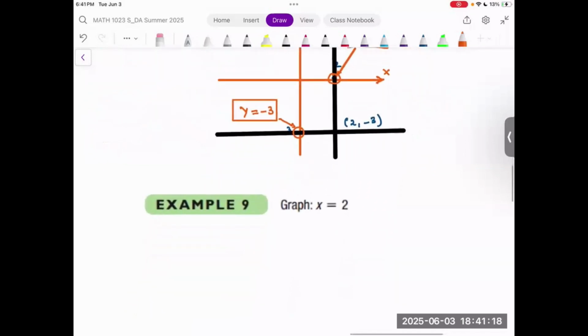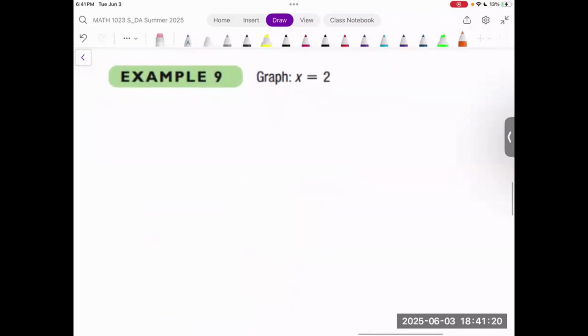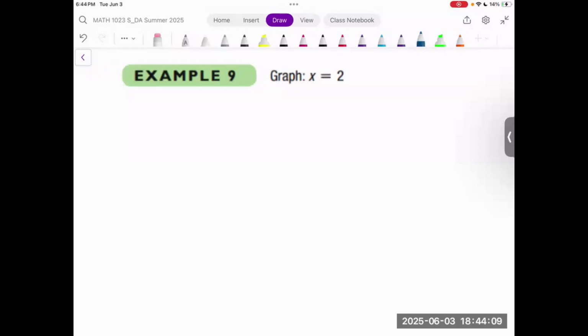So let's graph x equals 2. Okay, guys, so for this one, you have your x and y's, and they are asking you to graph x equals 2, right? Suppose I did not know whether x equals 2 is a vertical or horizontal line. Can you identify where x equals 2 is in here?